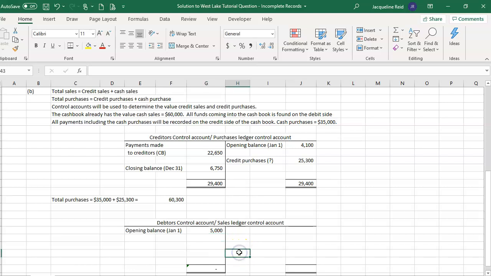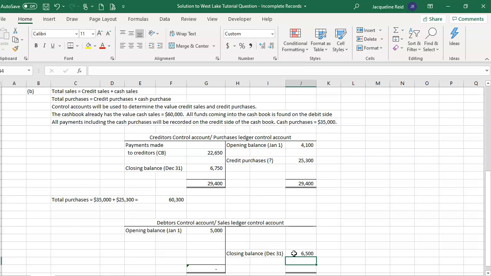And the closing balance figure must be on the credit side, naturally. This is a figure at December 31st. And that figure is $6,500. December 31st, not 61st. So that figure is $6,500. Now the next thing we need to look for are any monies paid in by debtors.